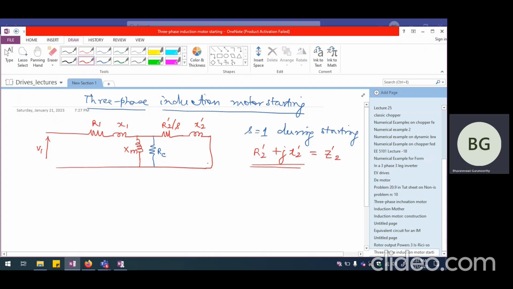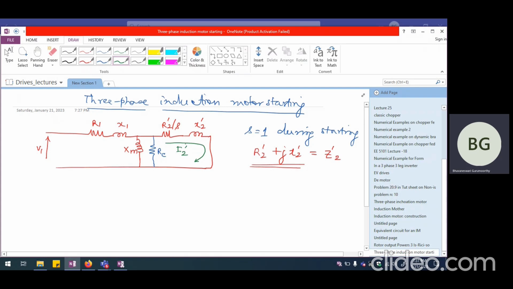They are going to be small values, because of which the impedance offered by this path is going to be really, really small. So very, very large rotor current flows through this rotor circuit.